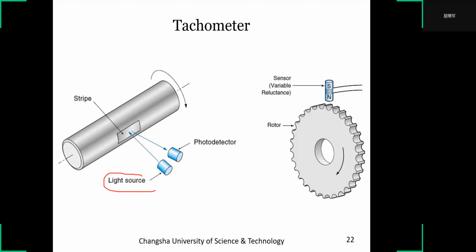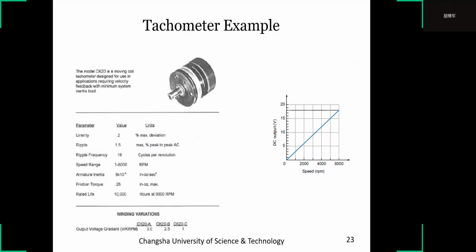The light source gives light to the shaft, and the shaft reflects the light to the photo detector. So one round gives one light signal.